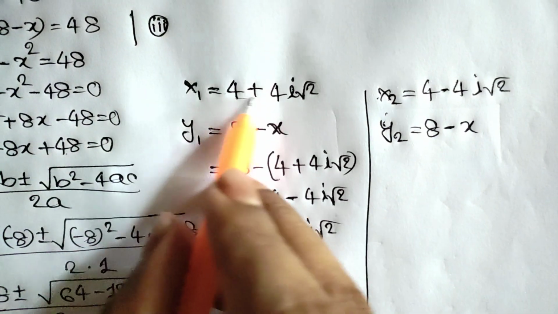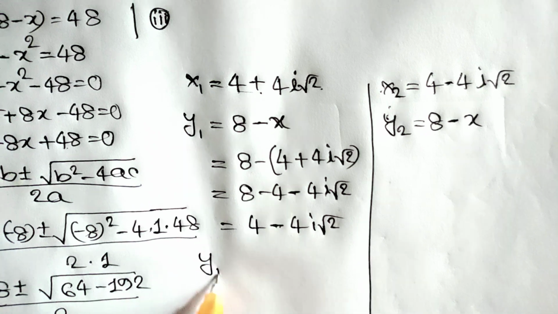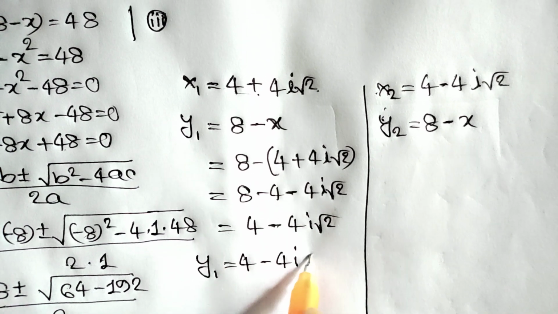So when x1 is equal to 4 plus 4i square root of 2, then the value of y1 is equal to 4 minus 4i square root of 2.